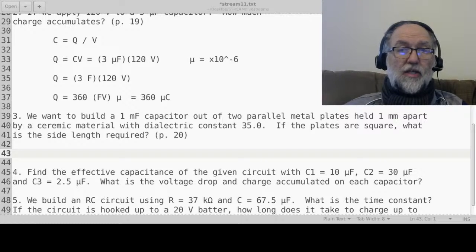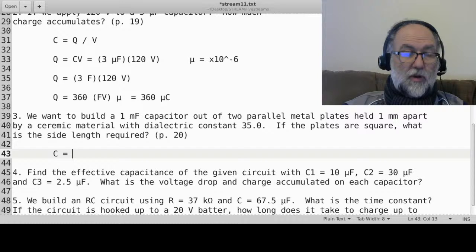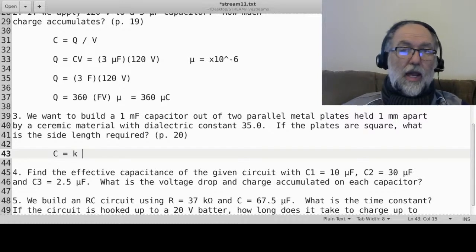Okay, so this equation is on page 20. Let me just check that also. Yeah, it is. Okay, and the equation looks like C is equal to... so that's the capacitance of the parallel plates. K is the dielectric constant, okay?